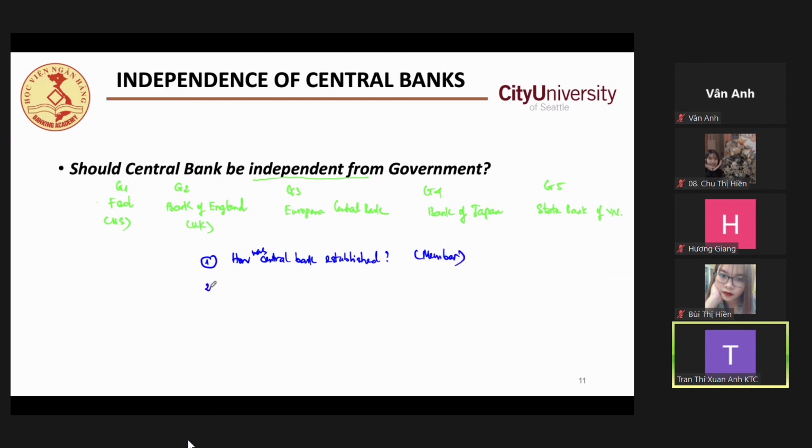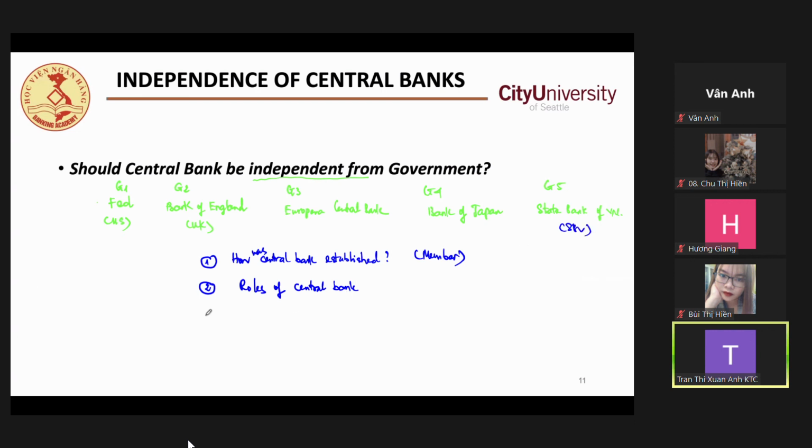And the other one, what is the role of the central bank in those countries? Let's say when you mention the European Central Bank, you tell me the specific roles of the central bank. Or when you mention the Bank of Japan, you also mention this. Or even the State Bank of Vietnam, you tell me how it was established and what the role of the central bank in Vietnam, or SBV, is.